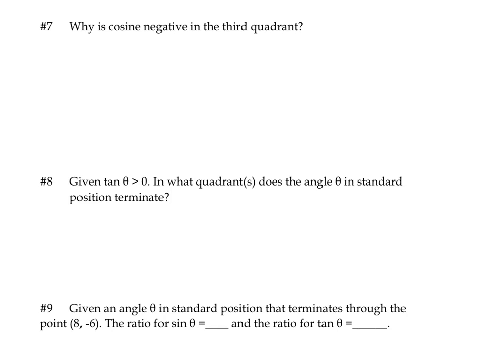So number 7 here, why is cosine negative in the third quadrant? The key things I was looking for with a problem like this is that cosine is equal to x over r. Somehow you write that out, x divided by r.